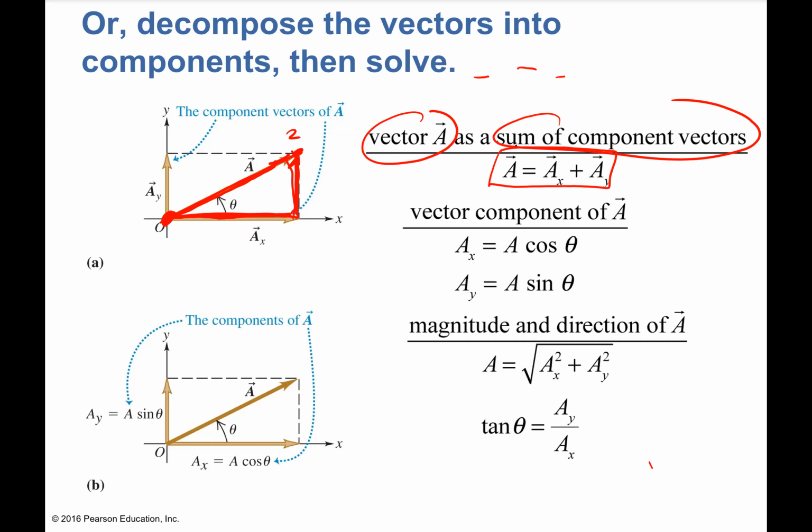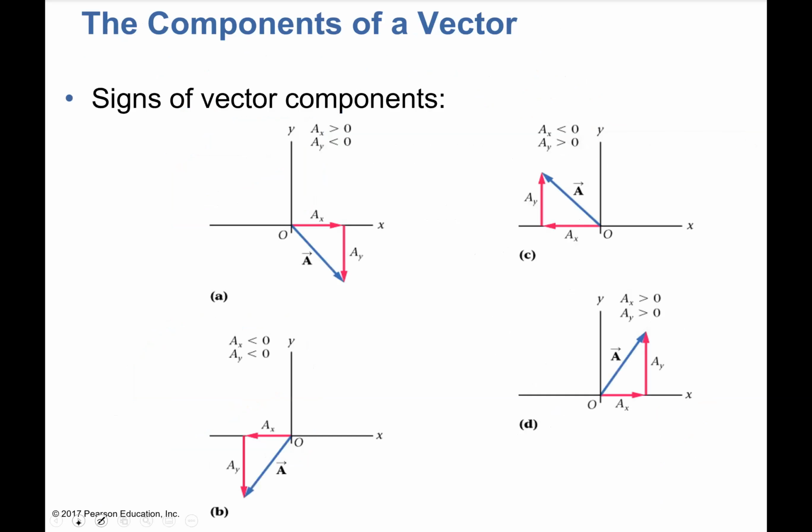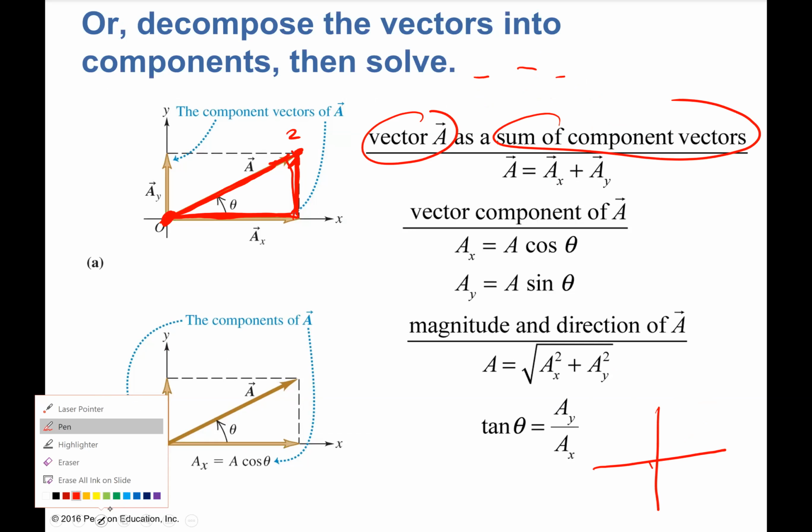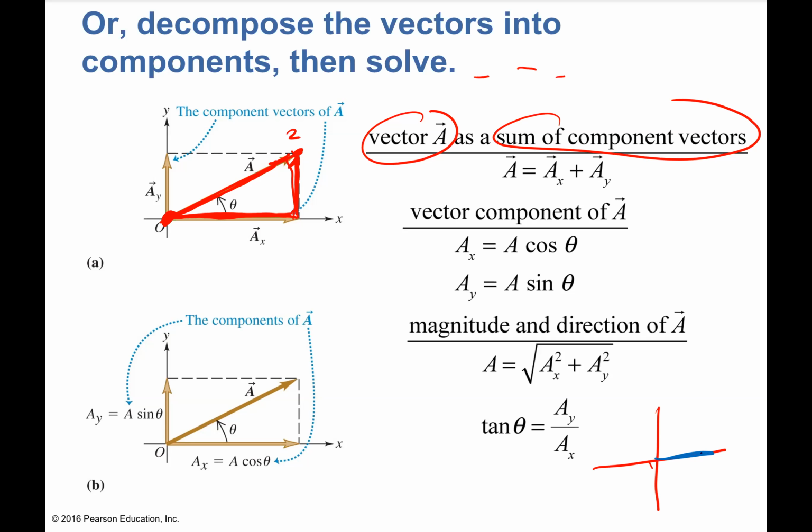And this is important because, let's say I have this vector A, I can replace it with two vectors, one like this, AX, another like that, AY. That means those two replace this vector.